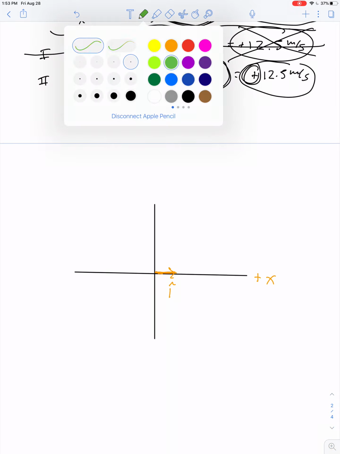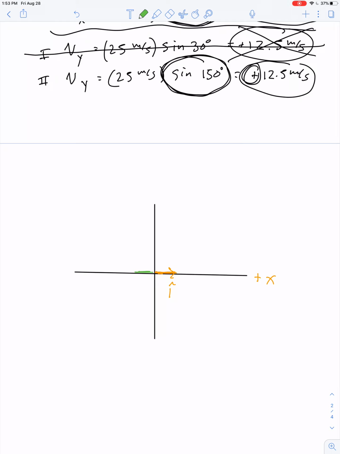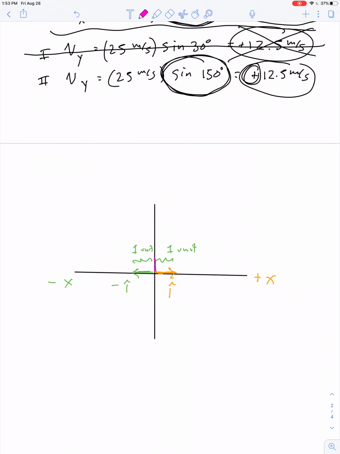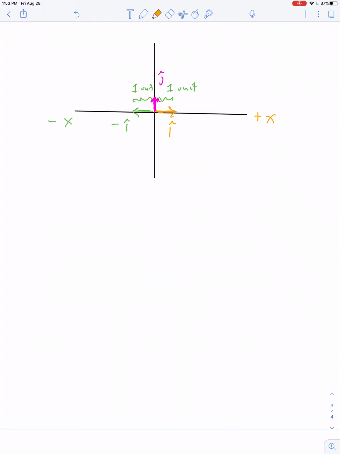So I guess that means if you had a vector that's exactly 1 unit long, pointing along the negative x-axis, then that would be a vector known as negative i hat. And in the same way, a vector that's 1 unit long, pointing straight up along the y-axis, is named j hat.